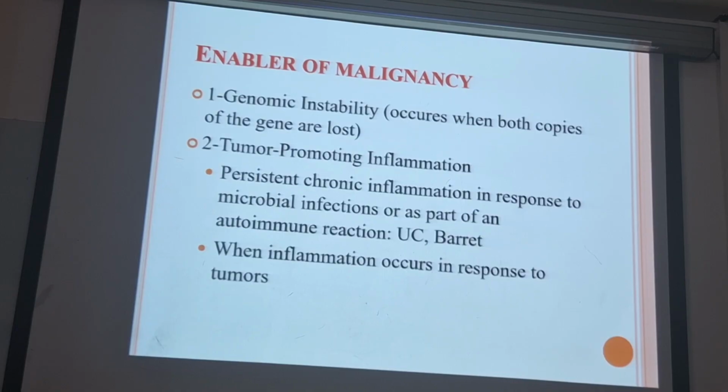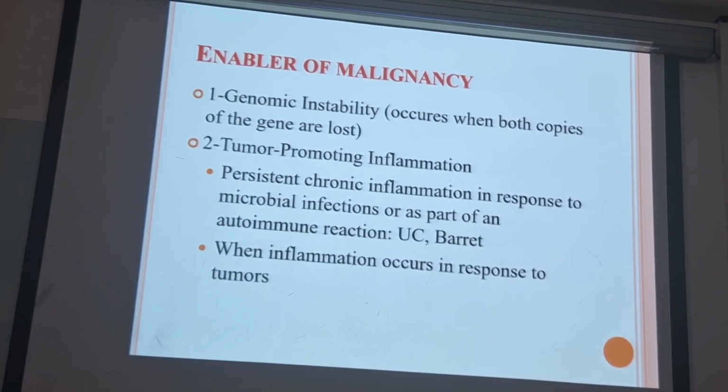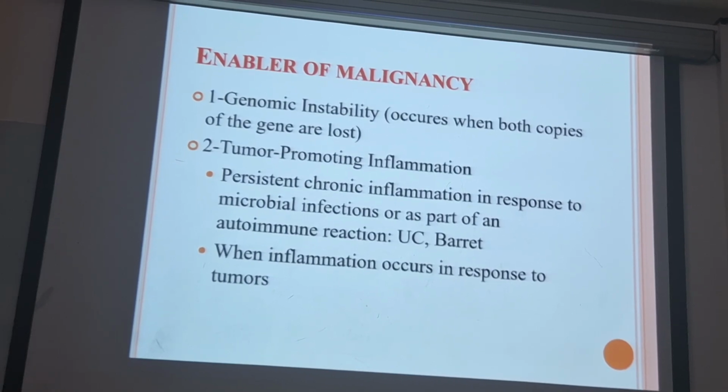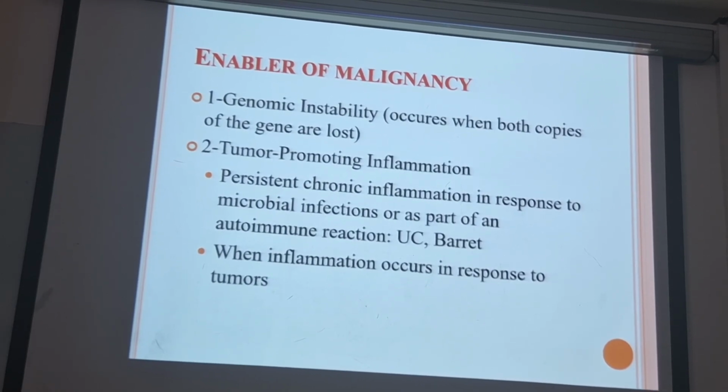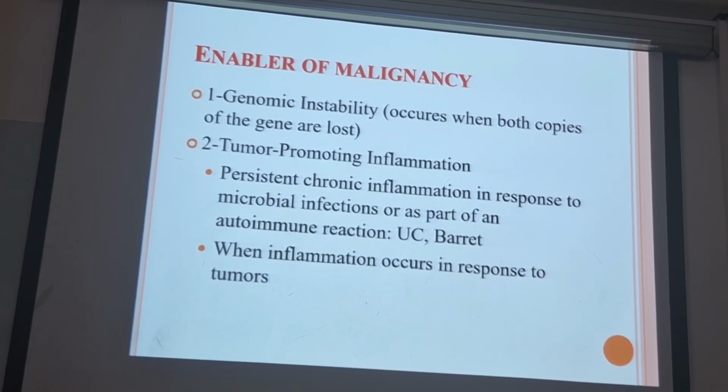Inflammation is very important because we have many inflammatory diseases that are not malignant, but they can make a permissive environment for malignancy in the background of the inflammatory process.